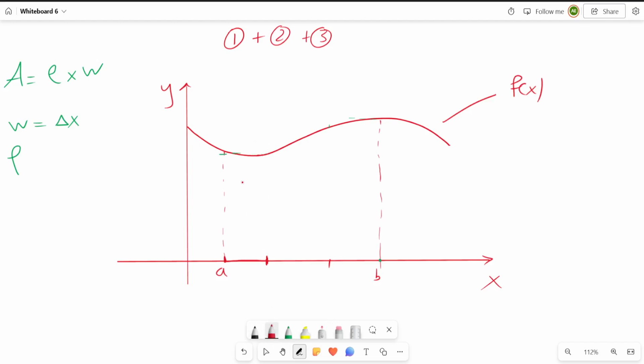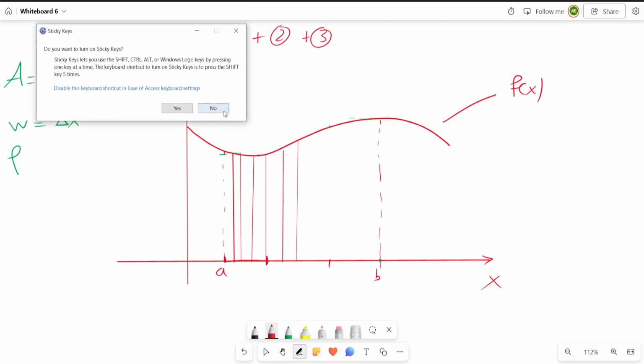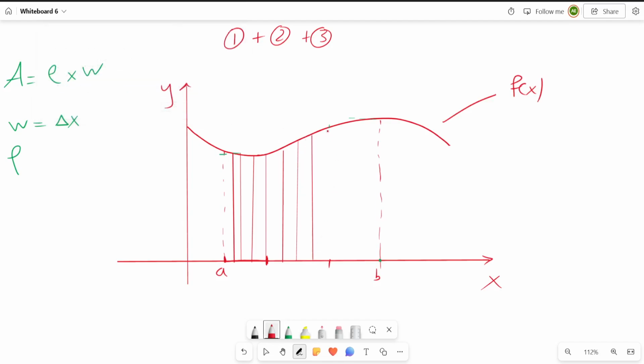We can see that if we divide it into more areas, so basically imagine that these rectangles are more or less the same width, and we get the area for each rectangle, this is going to give us a better approximation for the actual area under the curve.